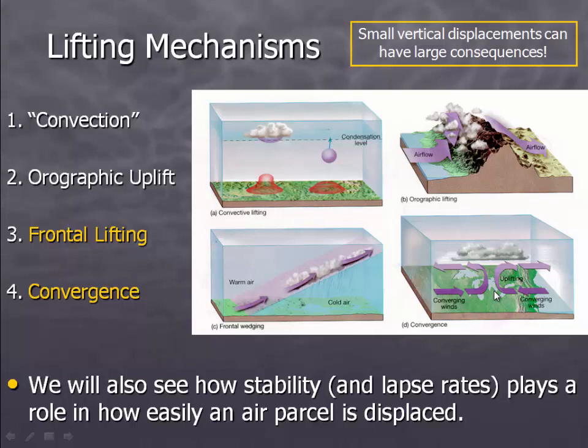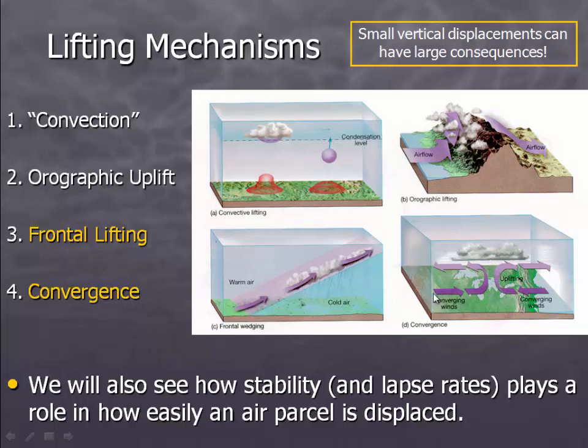And also you can just have air of opposing wind directions. You could imagine if at the surface, let's say in Chicago, you have air coming off the lake from the easterly direction, and you have wind out on the western suburbs coming from the west. Wherever that air collides, it's coming in opposite directions. It can't go into the ground. It must collide and go upward. We call that surface convergence.